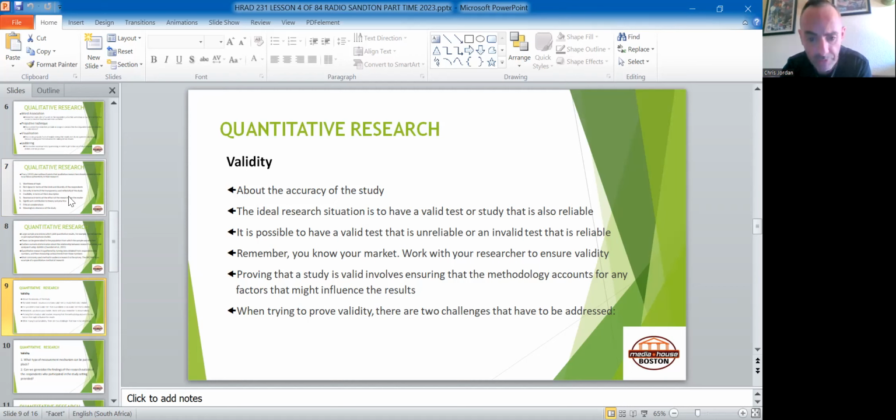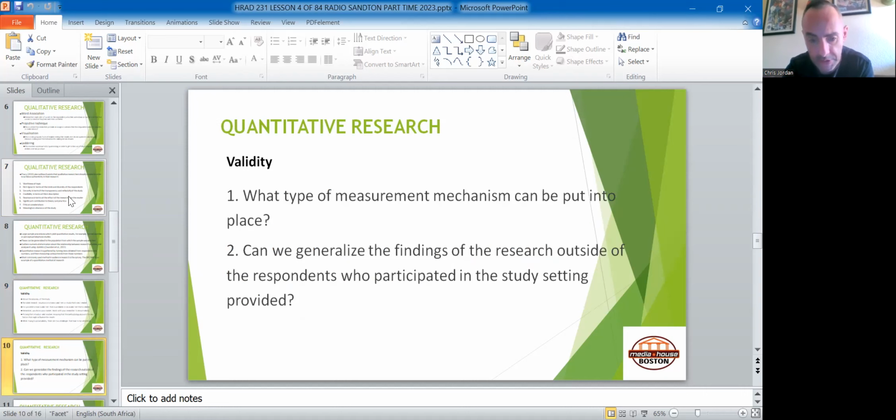When trying to prove validity, there are two challenges that have to be addressed. Here they are. What type of measurement mechanisms can be put into place? And can we generalize the findings of the research beyond the respondents, to represent the study results accurately, right?